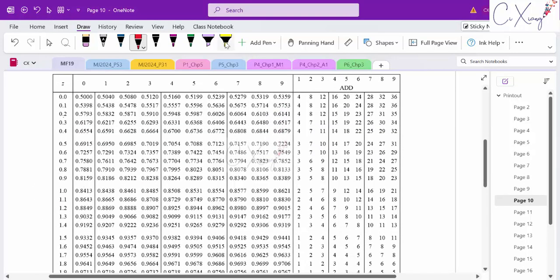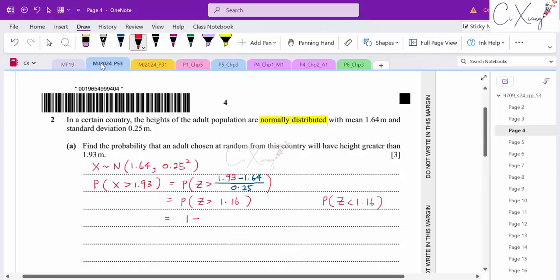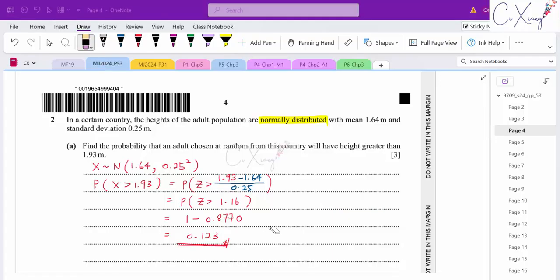Somewhere here, right? This is your 1.1, and then the 6 is here. Therefore, if you read the value, it should be 0.8770. So we go back to our solution here. I have to take 1 minus 0.8770. Use a calculator to simplify the answer. It should be 0.123. Okay, then let's have a look at part B.